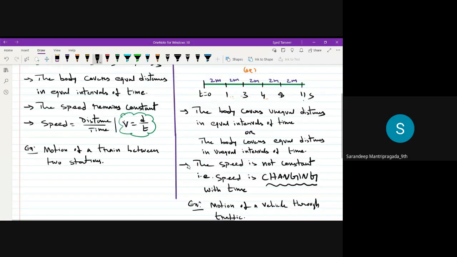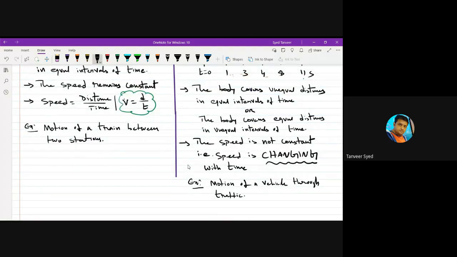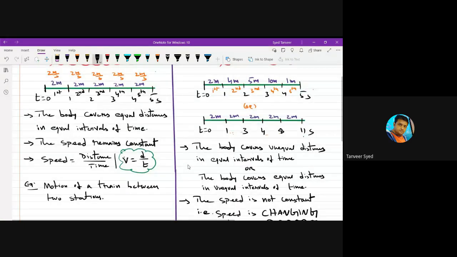Sir, can you repeat everything once again? Speed is continuously changing. Which speed will you take? Sir, that's why we should take average speed. Calculating average speed every time is not convenient. And even the speeds are not same. The time intervals might not be same. So it is not always convenient to calculate average speed here.